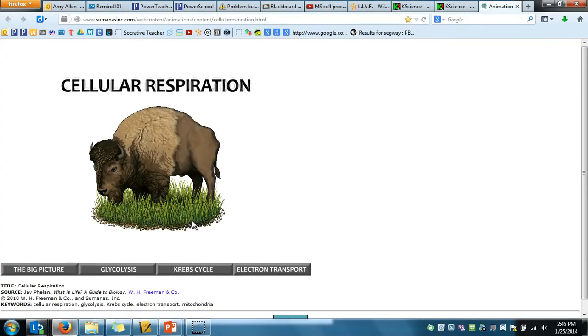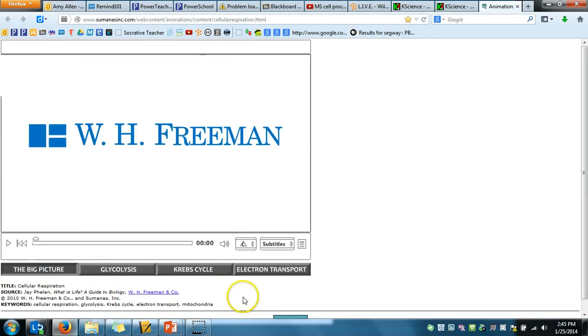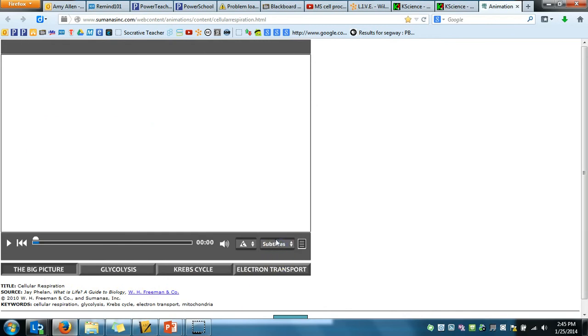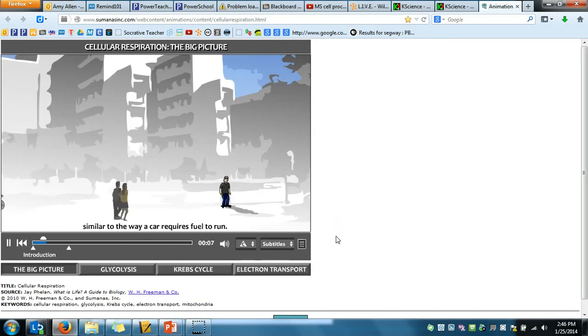This is the big picture for cellular respiration. Everyday activities require energy. Humans, like all living organisms, need to fuel their actions, similar to the way a car requires fuel to run.